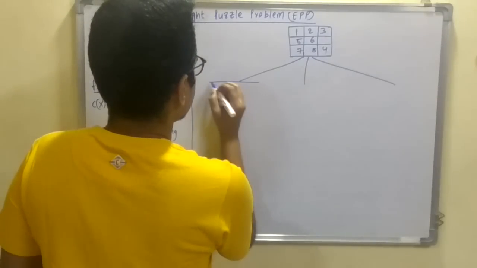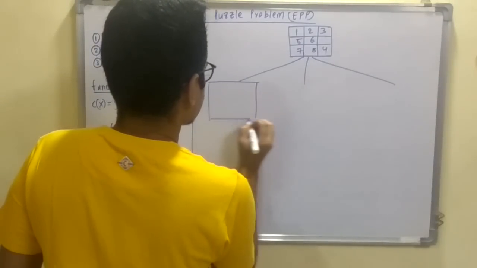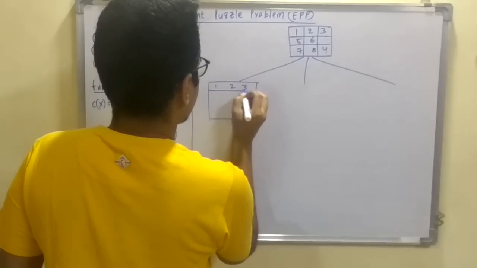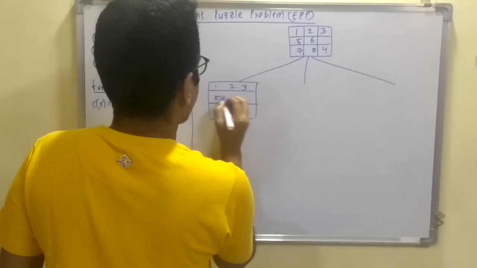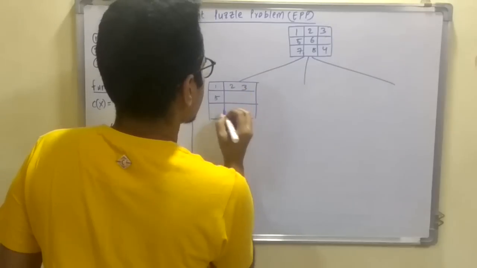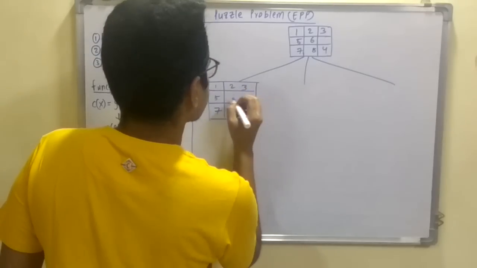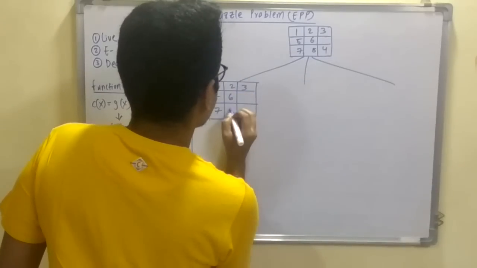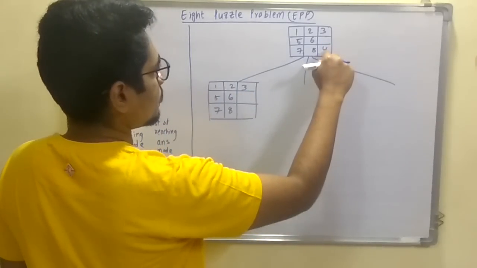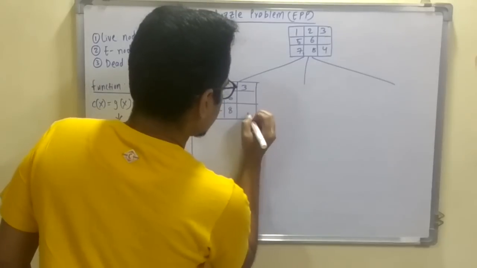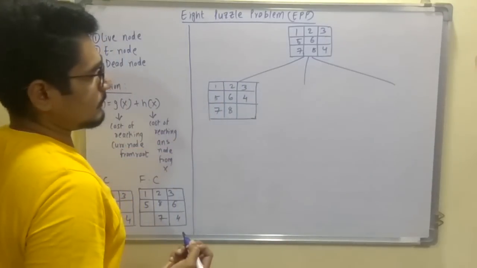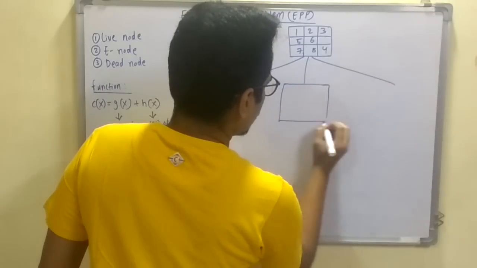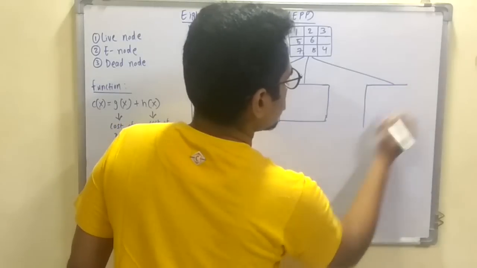So first we have this node: 1, 2, 3, then 5, then 7, then 6 here, and then 8. Since we are moving 4 from this position to this position, it will be like this. Let's make all the moves first, and then we'll calculate the cost for each.